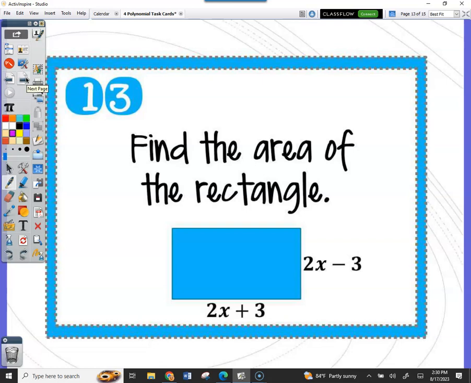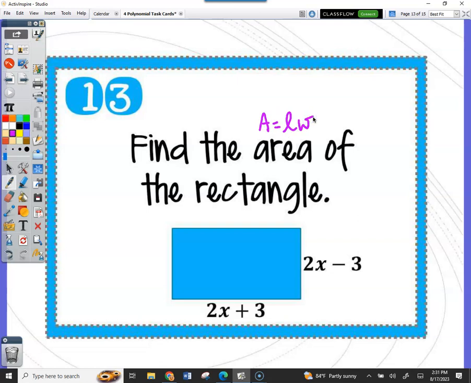Now, 13. Find the area of the rectangle. Yes. You had to remember from middle school what area means. Area means multiplying to find the total space of the 2D shape. Like this is called an area rug. That's what it's called. Because it's a rug for a certain area in your room. The area of a rectangle is length times width.